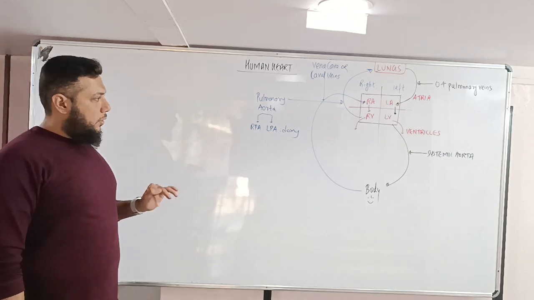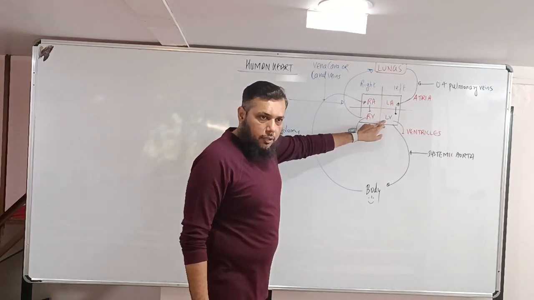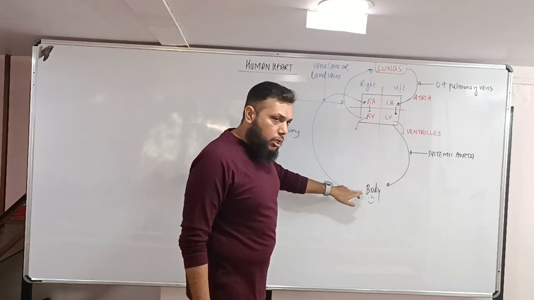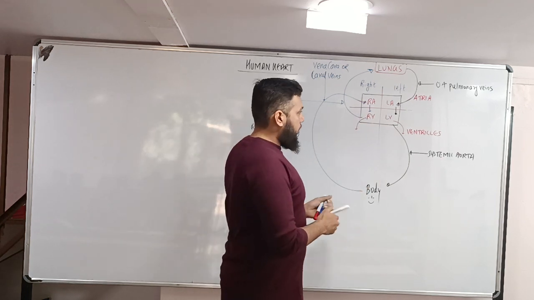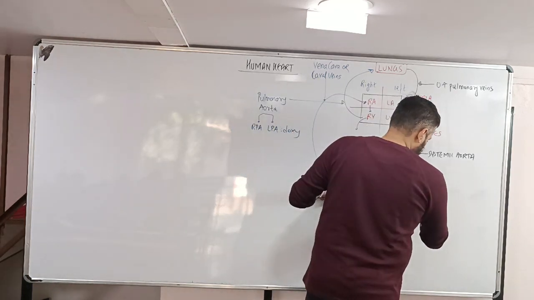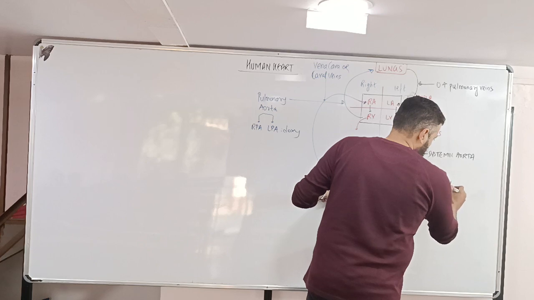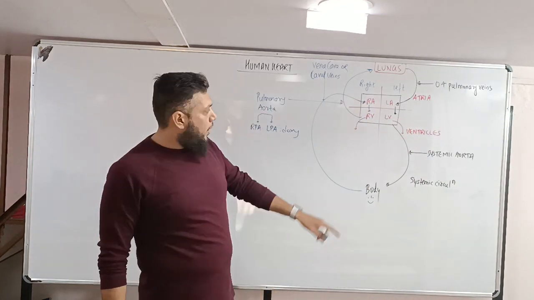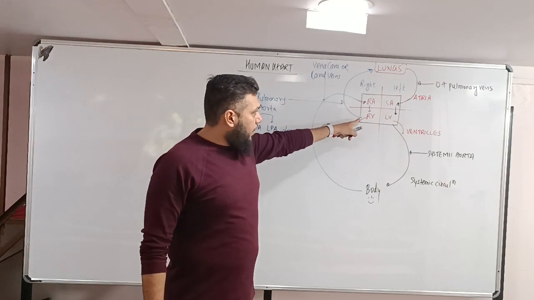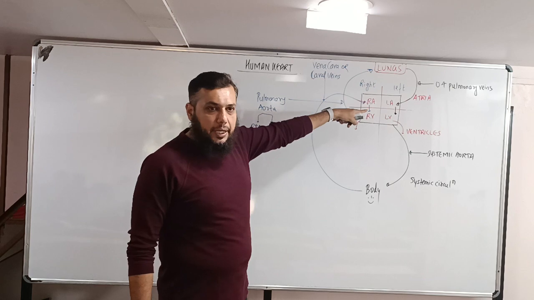Now, do you see, guys? The left ventricle is pumping blood to the body, and the body is giving it to the right atrium. This is called, I have told you this before, systemic circulation. And the right ventricle is pumping to the lungs, and the lungs are giving it to the left atrium.